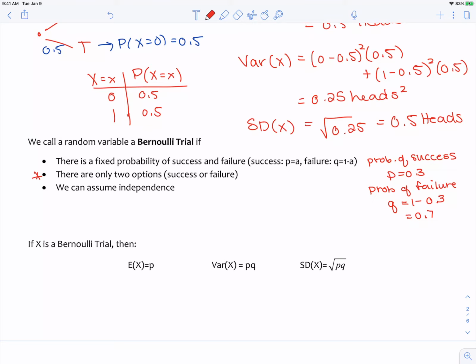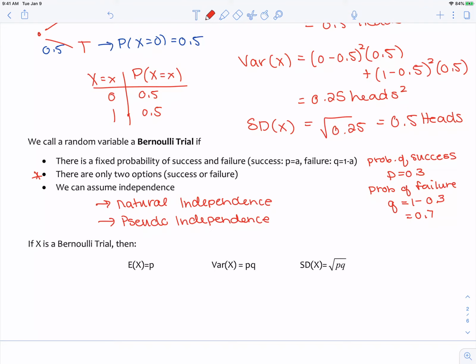The other thing we need to call a random variable a Bernoulli trial is we need to be able to assume independence. So this could either be natural independence or pseudo-independence. Natural independence are these situations like coin flips, dice rolls, pregnancies, where there isn't a fixed population that we are drawing out of.